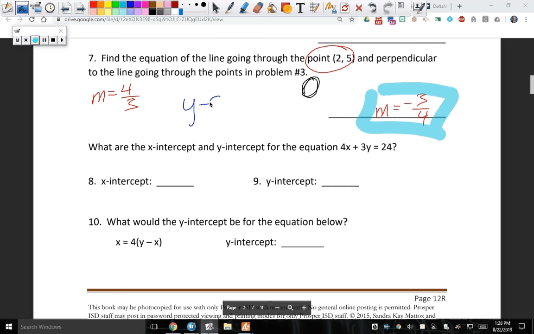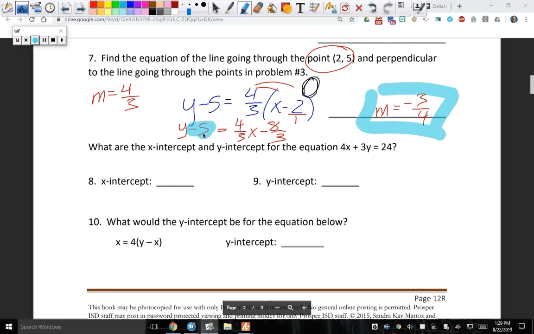So here we go. y minus y1 equals my new m times x minus x1. If I distribute, you help me out. I get 4/3 x, what? Minus 8/3, because it's over an understood 1. And then I get y minus 5 over here.